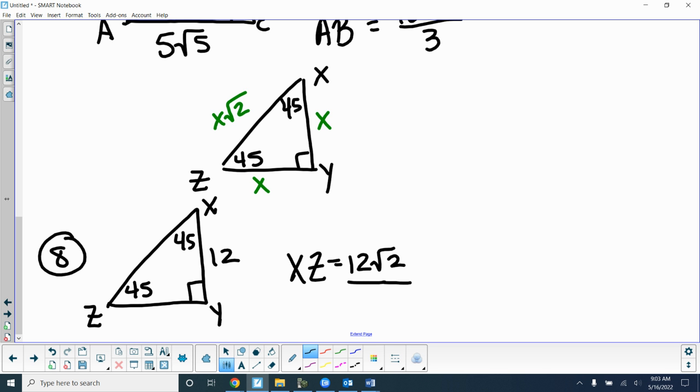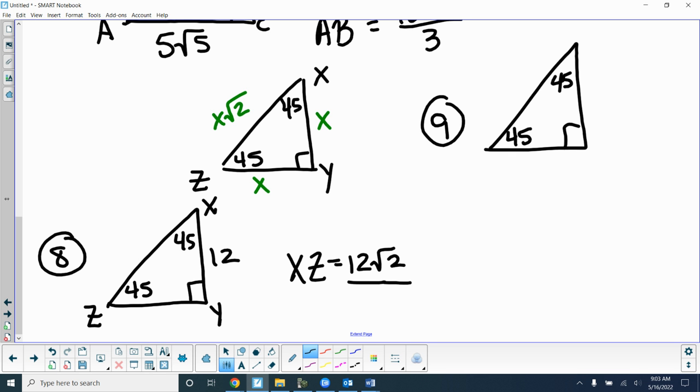Number 9. I'll just do it here so we can look at our X, X, and X radical 2. This time you were told that XZ, the hypotenuse, is 14. So if I know XY, I had to multiply by radical 2 to get XZ. If I know XZ and I have to get XY, I go the other way.